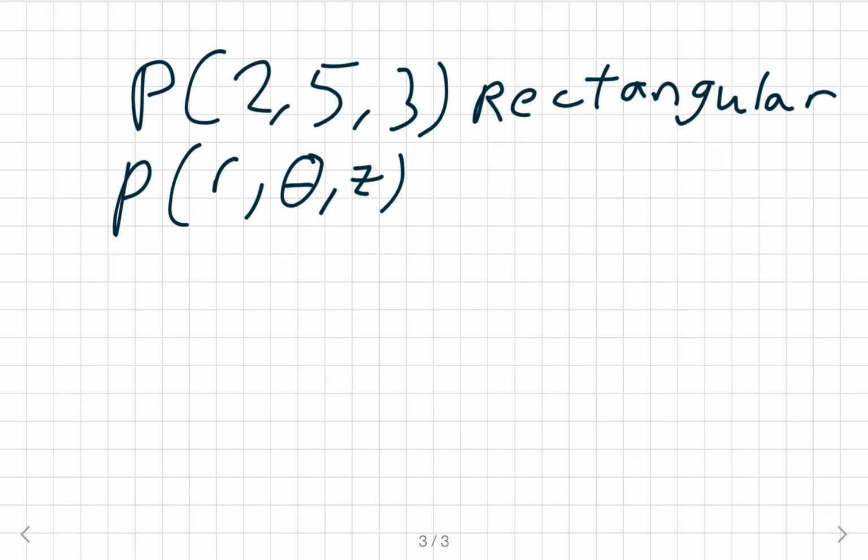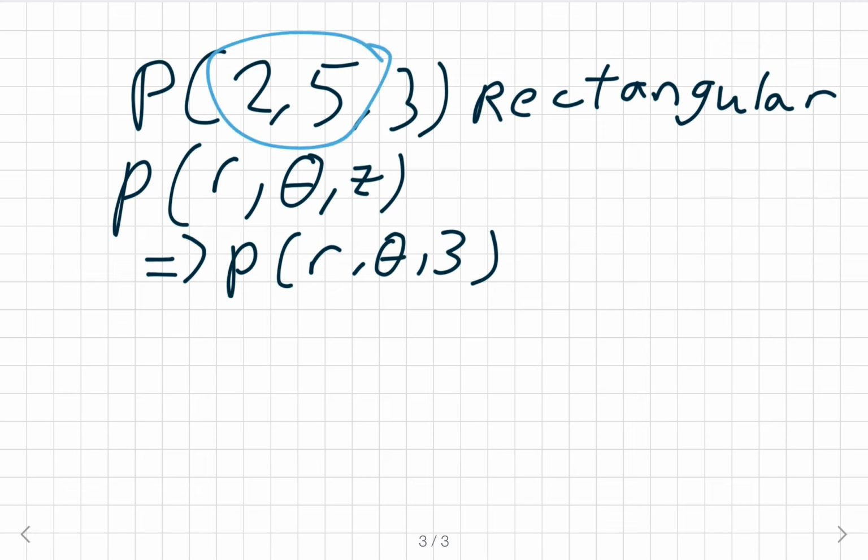We know that z doesn't change, so we already know something: P is (r, theta, 3). So what's r and theta? We can ignore the z, and just look at 2 and 5, and do the same thing like we did with the polar coordinates and the unit circle. So let's draw a 2D plane to visualize this. We've got 2 and 5, let's say that's 5, that's 2.